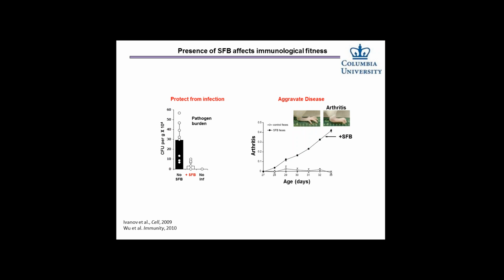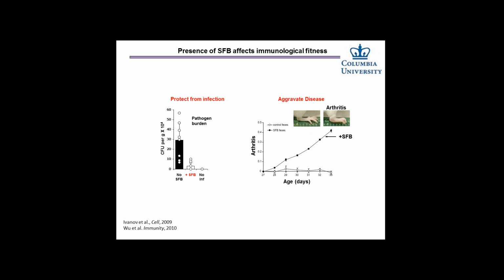And as you can see, the mice that are colonized with SFB show lower levels of colonization of the pathogen. And this has now been reported for other models of infection, that SFB in certain models can provide protection against certain infections.